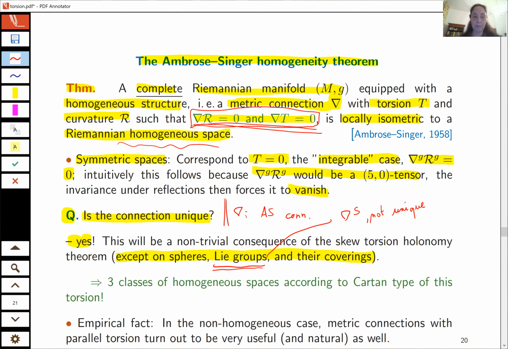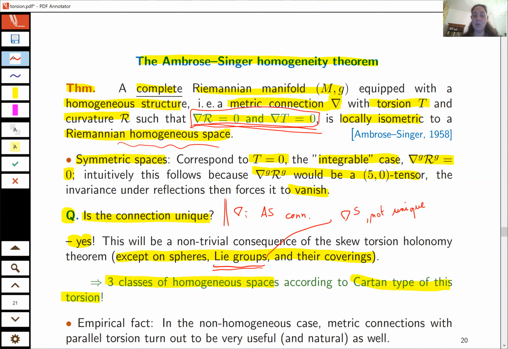And therefore, we obtain in a natural way that with a Riemannian metric, of course, there exist three classes of homogeneous spaces which just correspond to the Cartan type of the Ambrose-Singer connection. Right, so we have those with vectorial torsion, we have homogeneous spaces with skew torsion, and then we have homogeneous spaces with this, well, non-interpretable type of torsion.